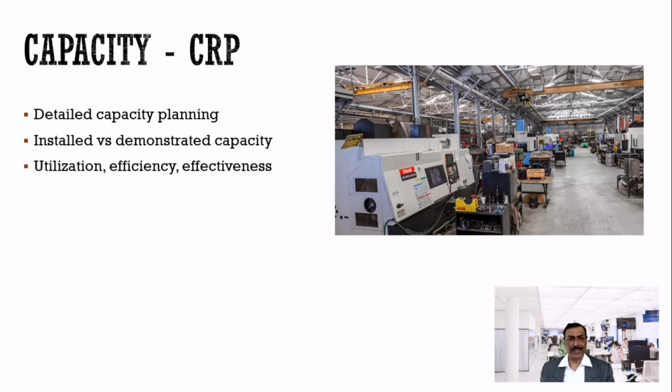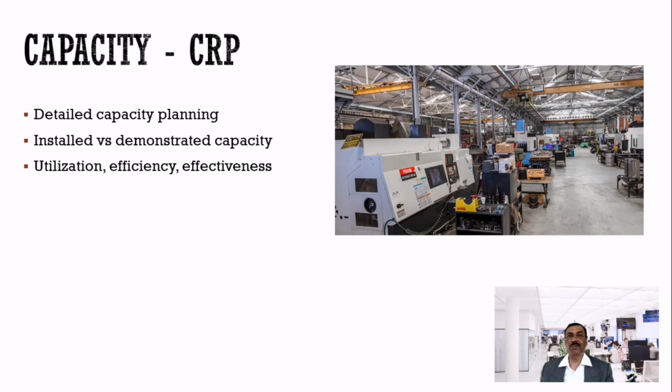Then you need to understand terms like utilization, efficiency, and effectiveness, because manufacturing facilities have invested thousands of crores in their resources, so they should be optimally utilized. You should know the utilization target. It may not be feasible to utilize the resources 100% of the time. Many best performing organizations can have 90 to 95% utilization.